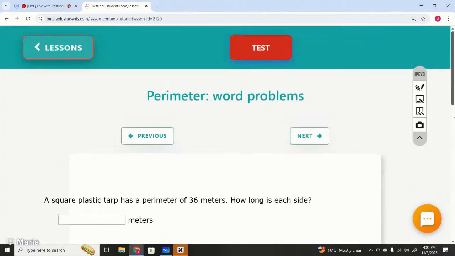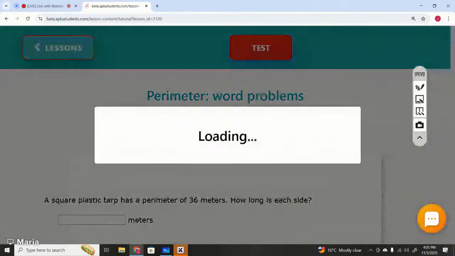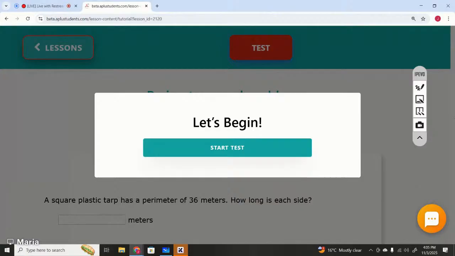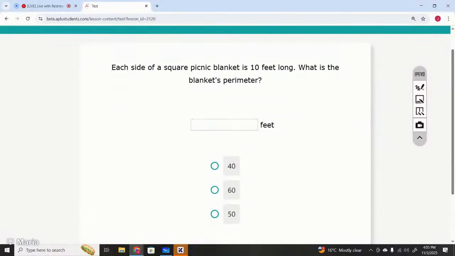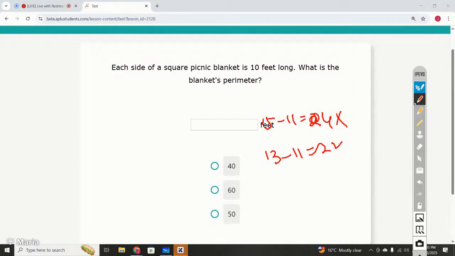Let's just start with the test questions. Each side of the square picnic blanket is 10 feet long. What is the blanket's perimeter? So we are given the side length of the square picnic blanket, that is 10 feet, right? So that is a square.